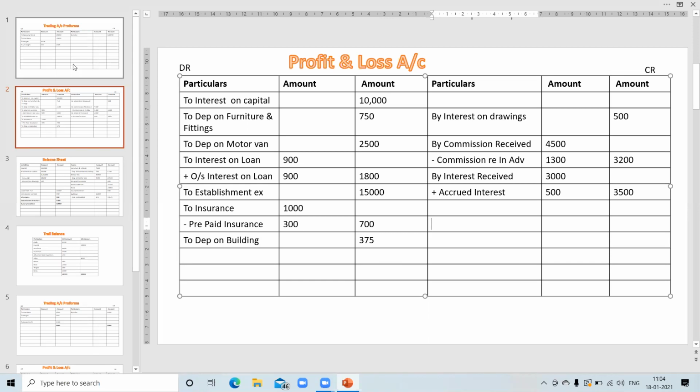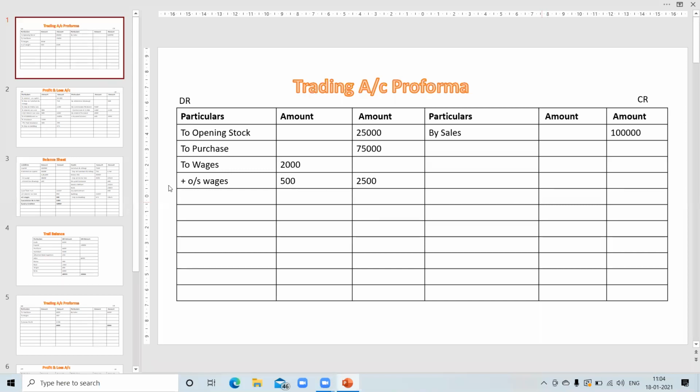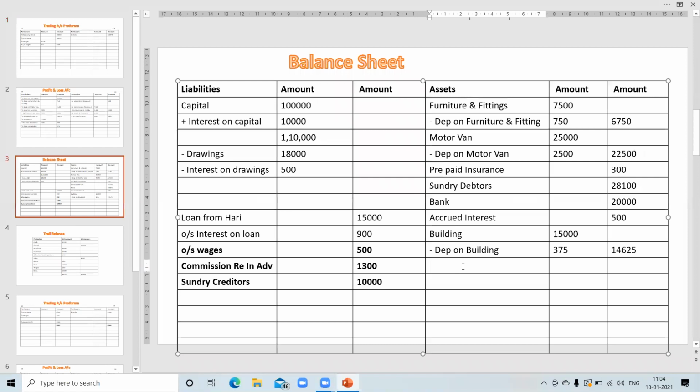Okay, so over that all, for example last one is a closing stock. We post the closing stock. So closing stock we post here. For example balance sheet, liabilities, sorry, asset side, closing stock 32,000.